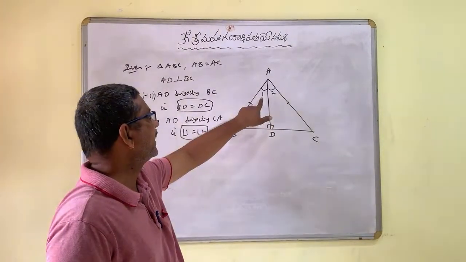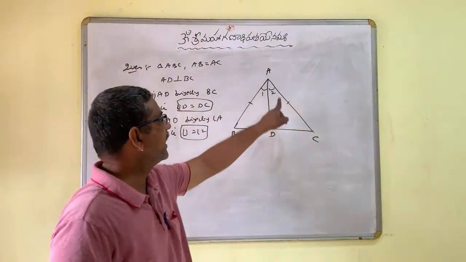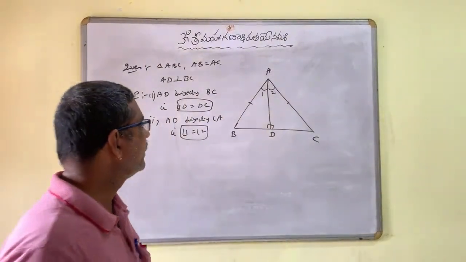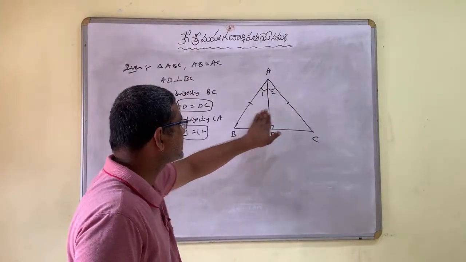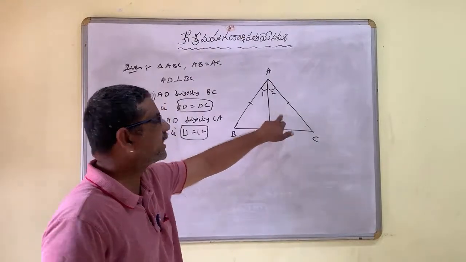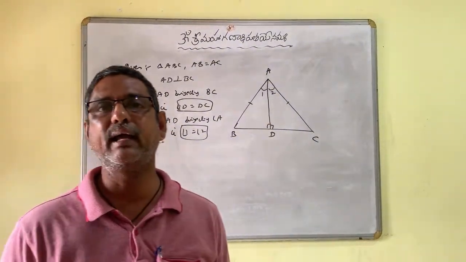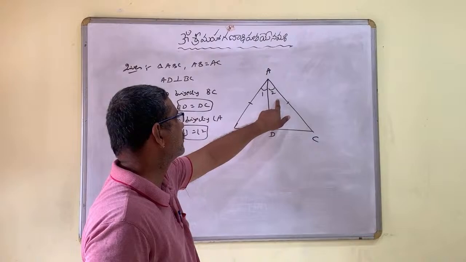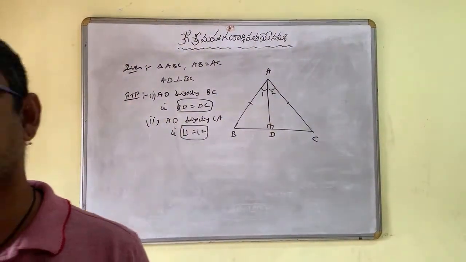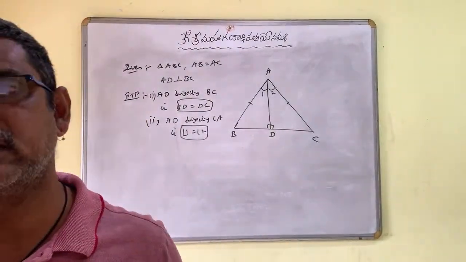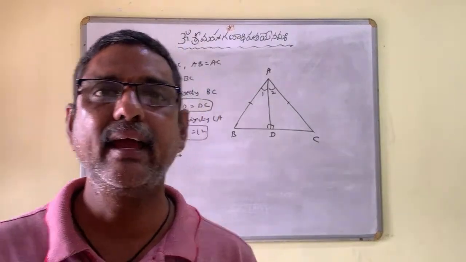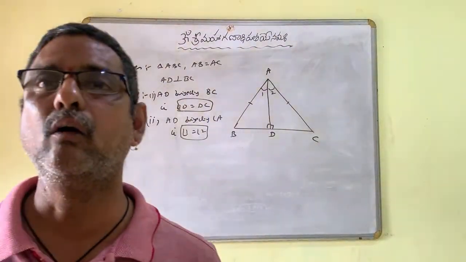Not only that, angle 1 is in ABD and angle 2 is in ACD. So our aim is, if we prove these two triangles are congruent, automatically by CPCT, angle 1 is equal to angle 2, BD is equal to DC. Done. Simple problem. But our task is, we have to prove triangle ABD and triangle ACD are congruent.